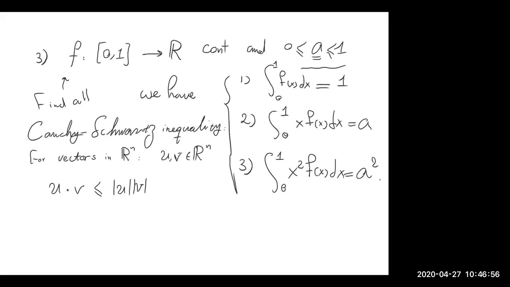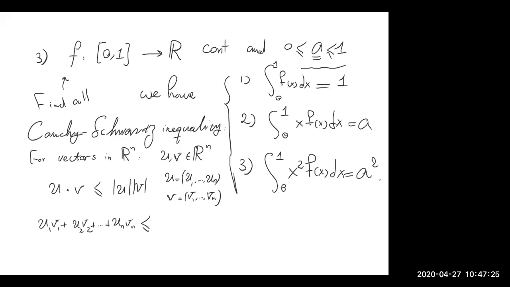So for example, where u and v are in Rn, I can write u as the set of numbers u1 up to un, and v as v1 up to vn. So their inner product is u1 v1 plus u2 v2 plus up to un vn.